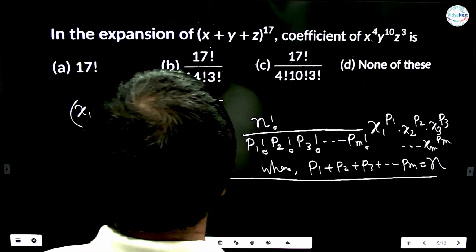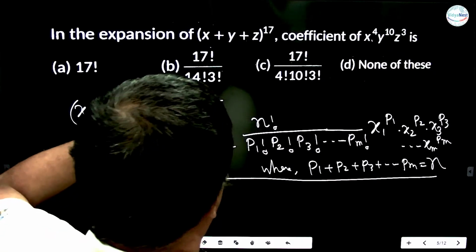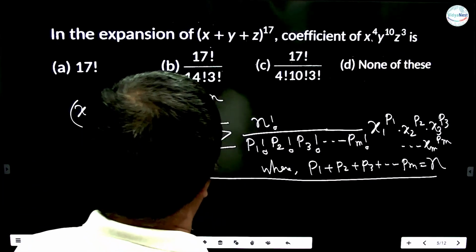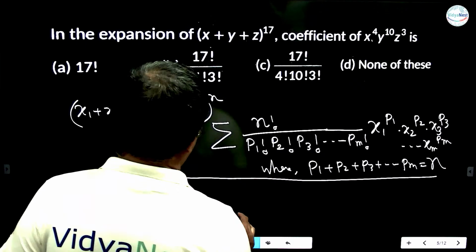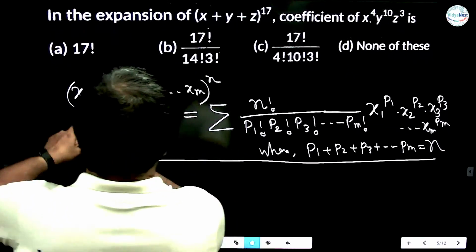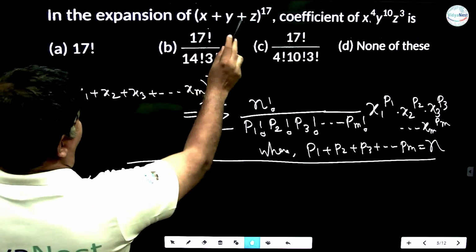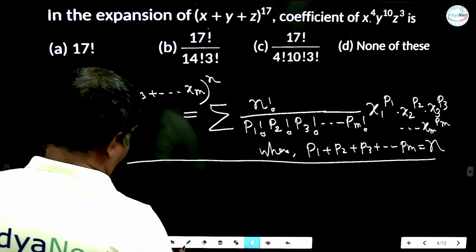Now here, how does it help us? It is a clear approach. See, instead of x1, x2, x3, xm, we have x, y, z, and n is 17.